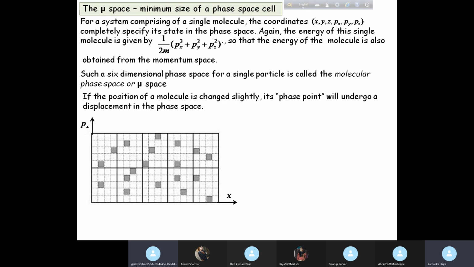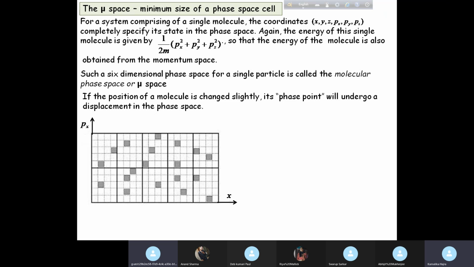Remember, imagining this is very difficult because we have 6 dimensions. Okay? We have 6 dimensions. So imagining 3D is easy, but imagining 6D becomes very difficult. Okay? So in the 6-dimensional space, we have taken only one pair of such dimensions, that is x and px.